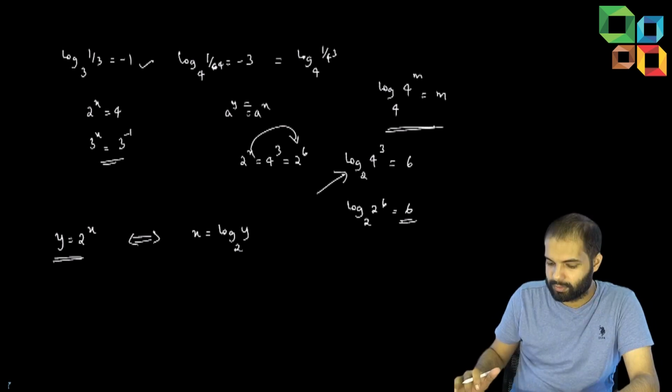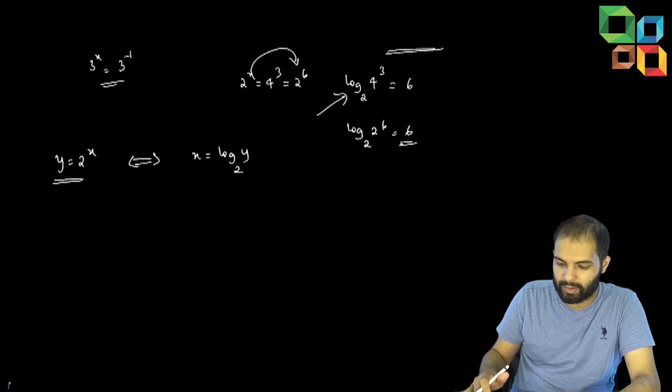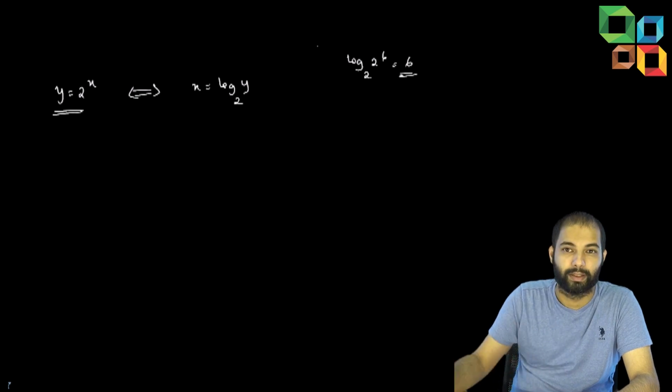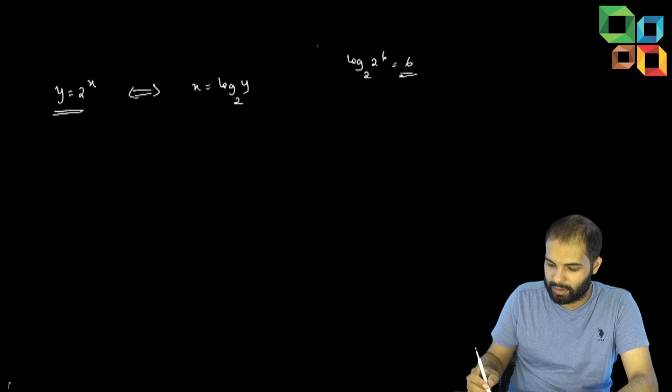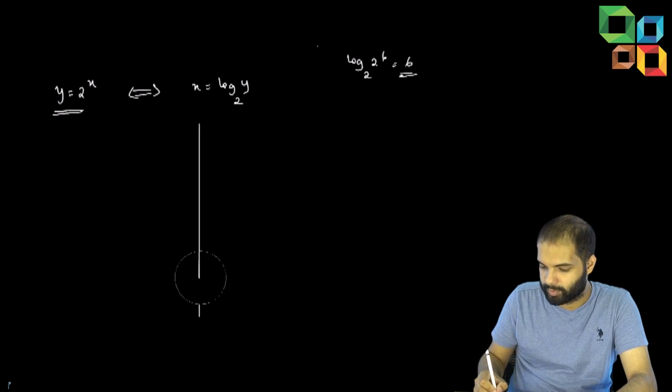Do you know how the graph of y equal to 2 power x looks like? Any idea? Can everybody quickly draw this once? A rough sketch would do for the graph of y equal to 2 power x.